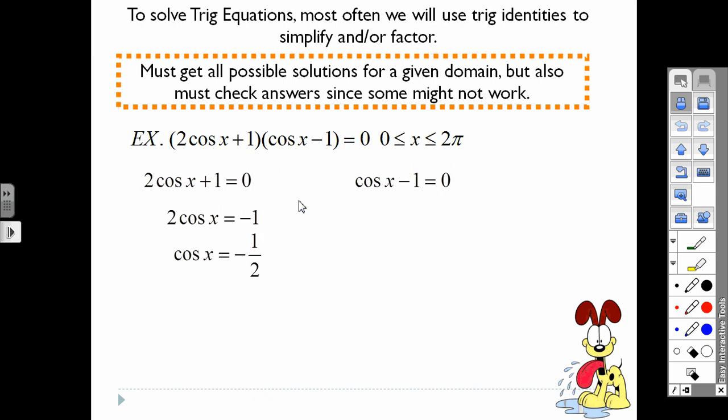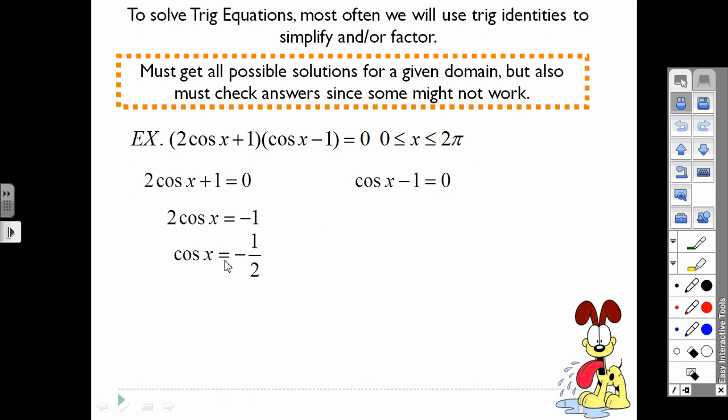Basically, I'm isolating cosine x, so that at this point I can look at this equation and ask myself, what angles, when I take the cosine of them, will I get a -1/2 as an answer? So this is exactly what we were doing in the last couple sections. It's the inverse cosine, right? Only because we are going from 0 to 2 pi, we actually get to use all 4 quadrants.